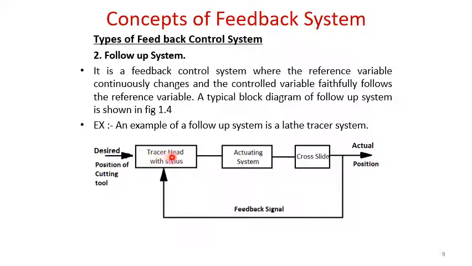With the help of a tracer head or a stylus, we actuate the actuating system. The actuating system may be mechanical or hydraulic, and it is fed to the cross slide. The cross slide moves the tool post, and the tool post gives us the actual position, and based on the position the tool cuts the profile on the workpiece.